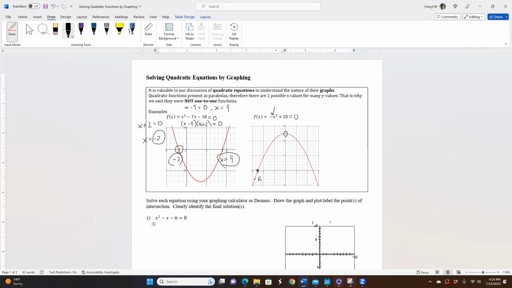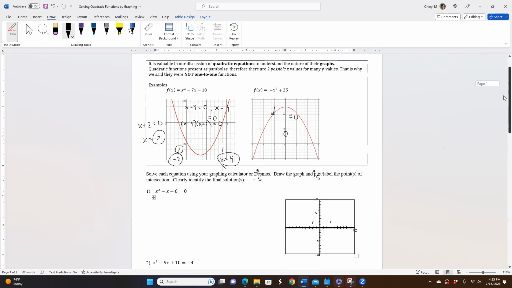And that's going to happen at -5 and +5, which would be the solutions here. And if indeed we solve this by factoring or by completing the square or by the quadratic formula, we would get these two answers. That's what they represent.